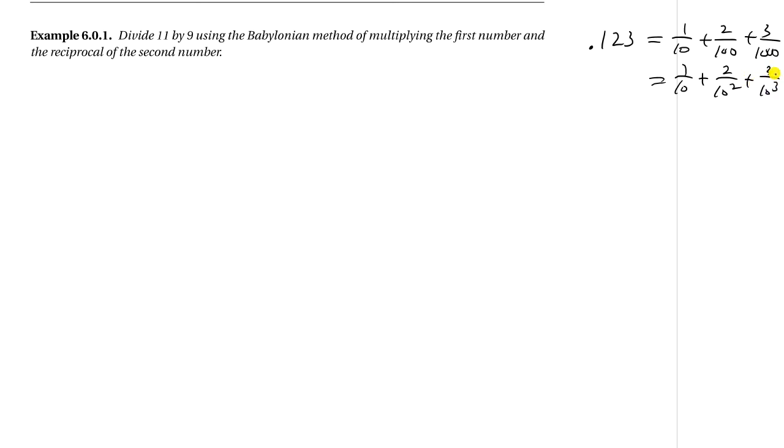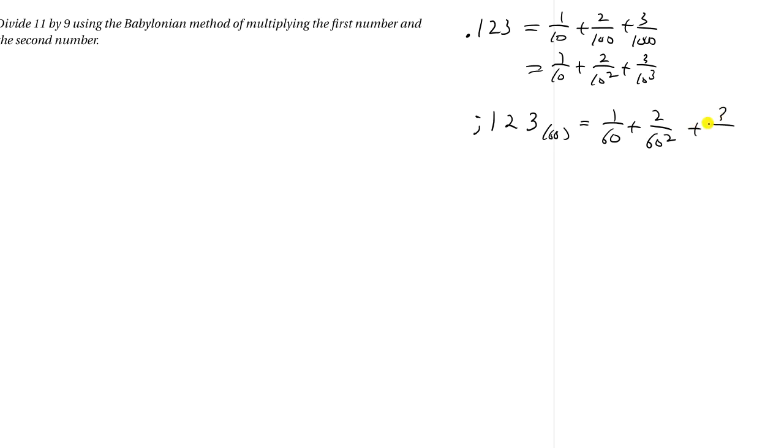So technically, if we have the same 1, 2, and 3 in base 60, then the meaning is 1/60, 2/60 squared, and 3/60 cubed, right? So please keep that in your mind.